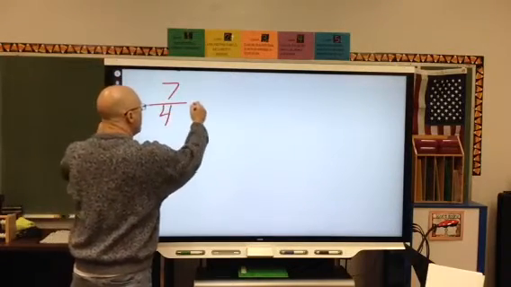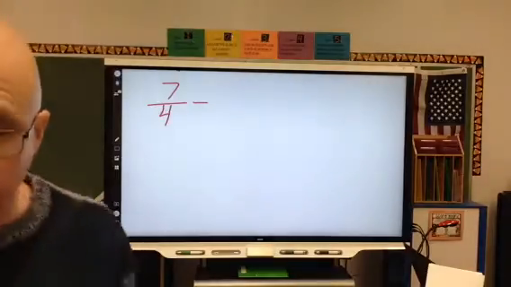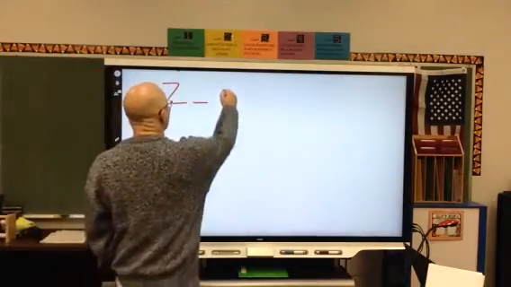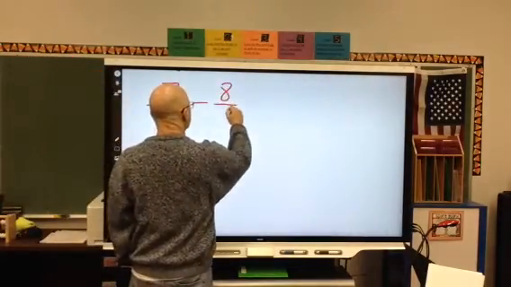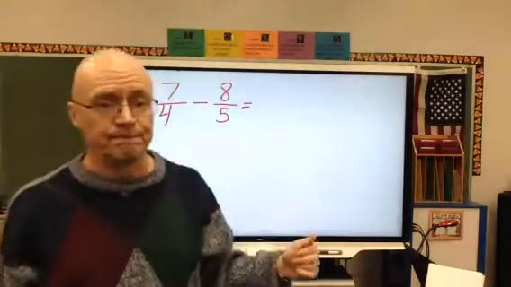So if we have 7/4 minus 8/5, we've got to get common denominators here.